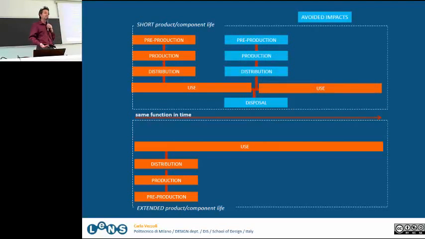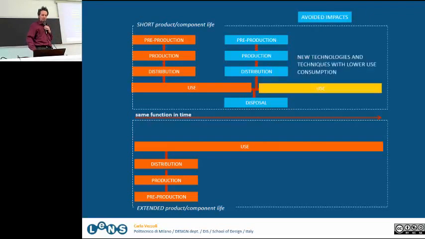But we avoid even the impact of the product in relation to the functional unit, as we saw before, that needs to be pre-produced, produced, and distributed. Because if that was the chair, I need to sit here, and if it's a covered seat, I need another covered seat, another covered seat, and so on. So actually, that is where we avoid the impact.